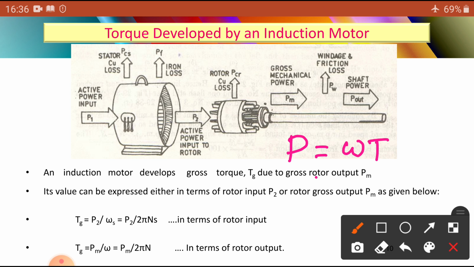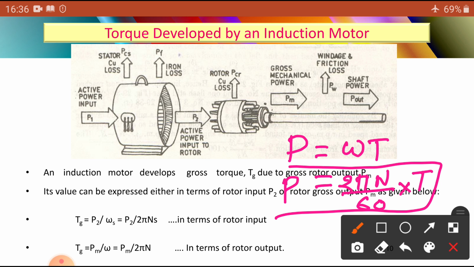So we can write omega as 2 pi N by 60. We can convert it into T, torque, that is equal to P by omega. So based on this principle, instead of power we can discuss in terms of torque only. Okay. What is the torque now? The torque can be written as P by omega. Okay, this is the torque.